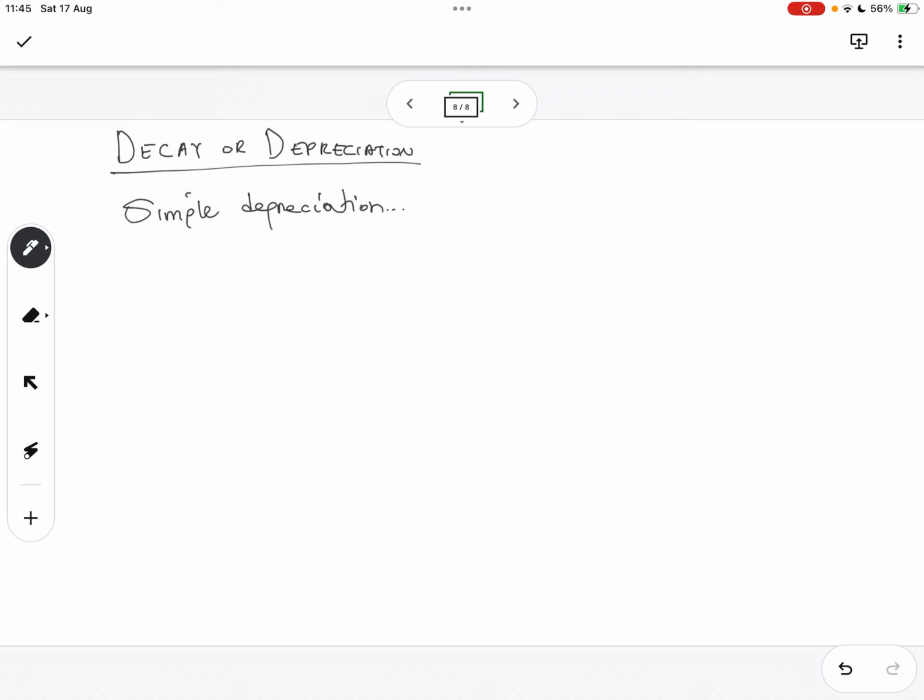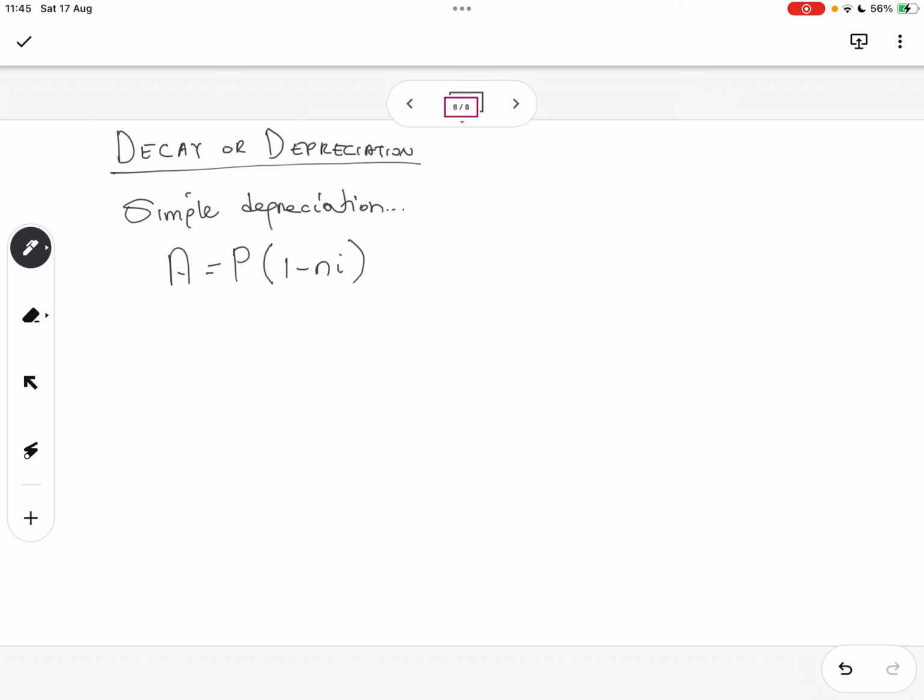Simple depreciation is like the opposite formula for simple interest. You can think of simple depreciation as the opposite of simple appreciation, and compound depreciation as the opposite of compound appreciation, because that growth is called an appreciation.